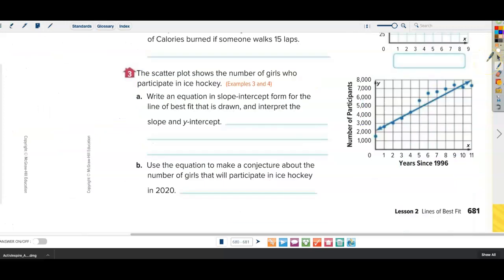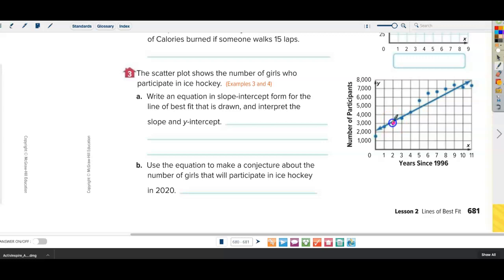Okay, we're going to move on to number 3. So we already have the scatter plot for us this time, and we also have the line of best fit. So we actually just need to write an equation in slope-intercept form for the line of best fit that is drawn. And then we'll do B as well. So my first step is picking 2 easy points on my line of best fit.